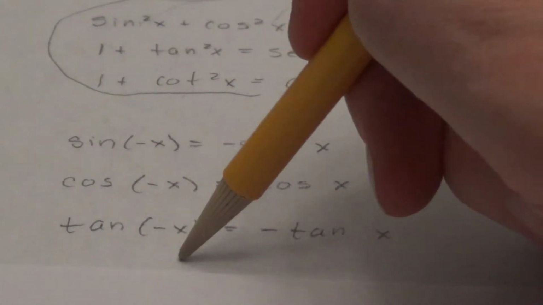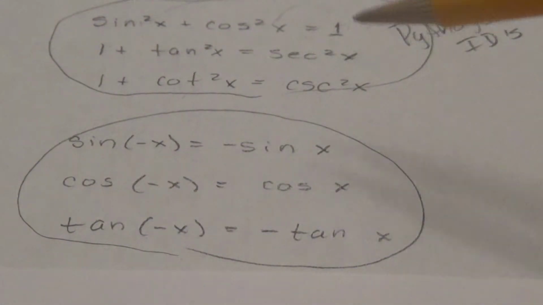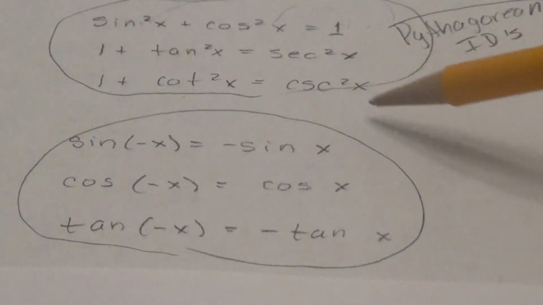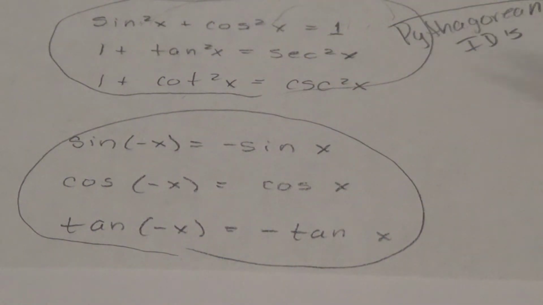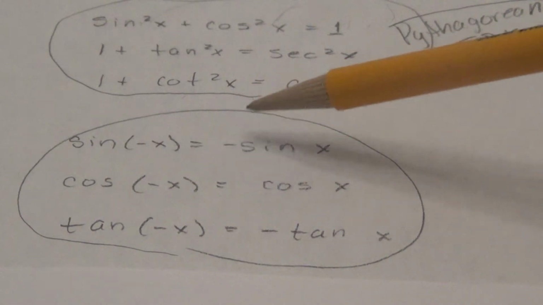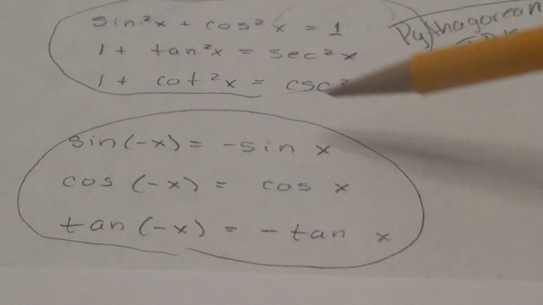Alright, the next group dealt with sine, cosine, and tangent of a negative angle. And there's a relative of those, cosecant, secant, and cotangent, but I'm just going to give you these three, and we'll talk about the others if they come up. So sine of a negative angle equals negative sine of the positive angle.